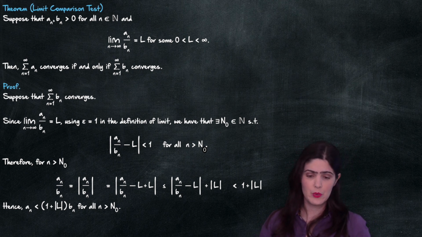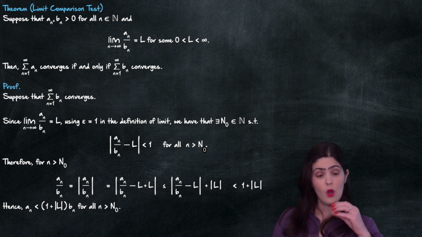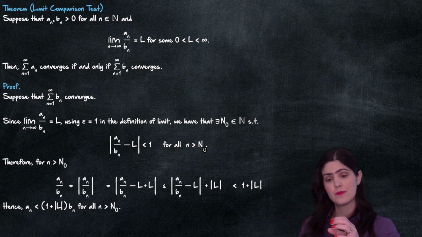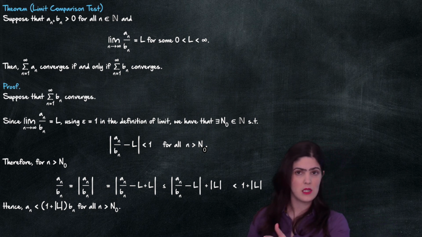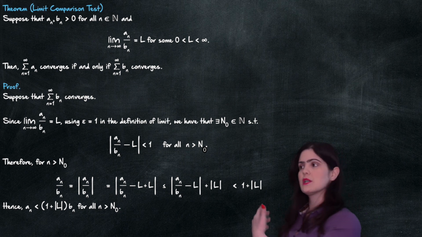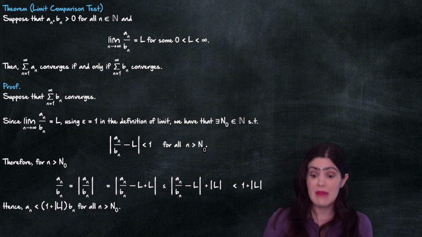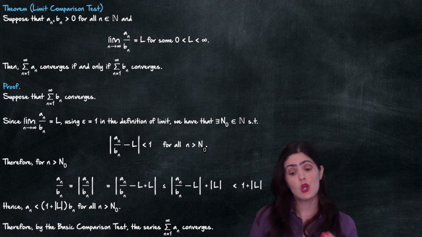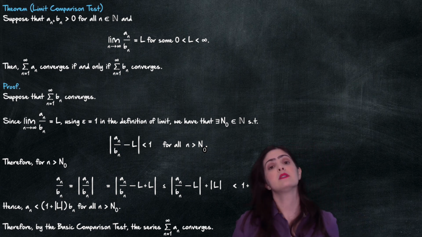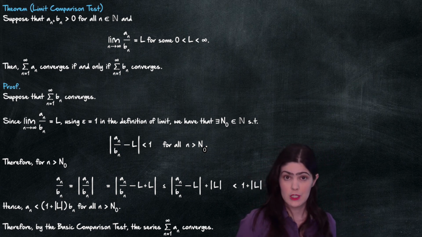Oh, but that's pretty good, because now all the terms a_n are less than a constant times b_n after a certain point. So we can use our improved version of the basic comparison test to conclude that our series of a_n's is convergent.